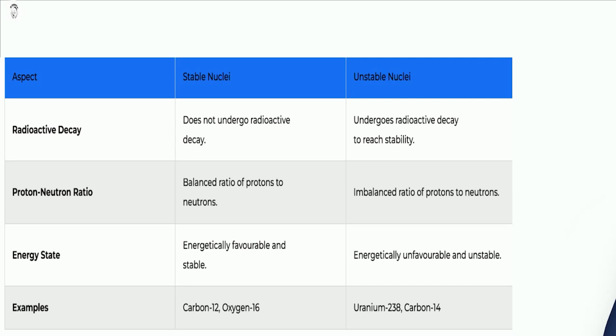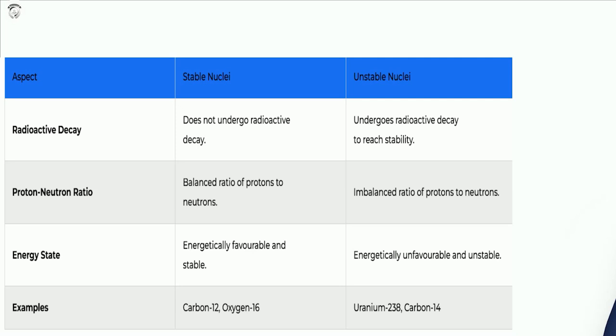First of all, the difference is about the aspect of radioactive decay. A stable nuclei does not undergo radioactive decay, but an unstable nuclei always undergoes radioactive decay. Why? Because it needs to get stable. Therefore, an unstable nuclei undergoes radioactive decay.